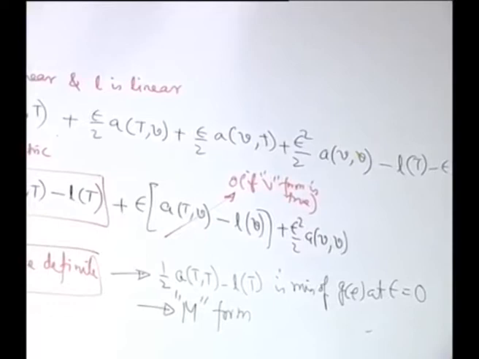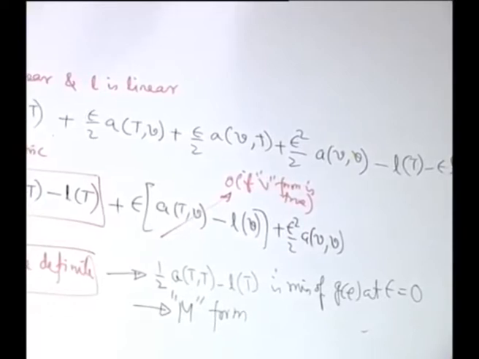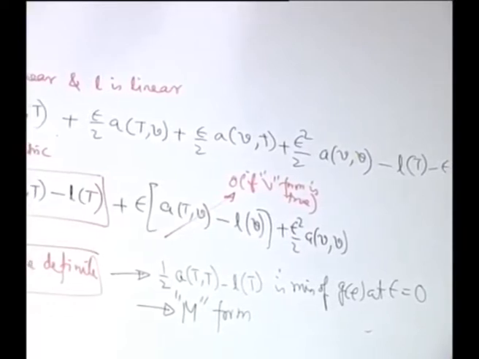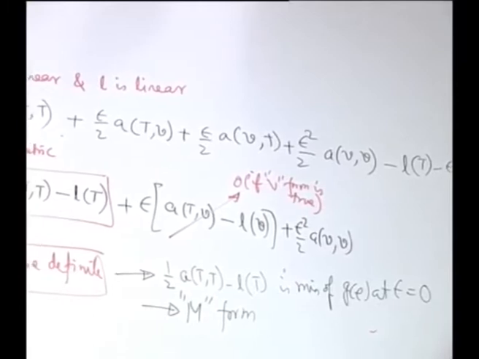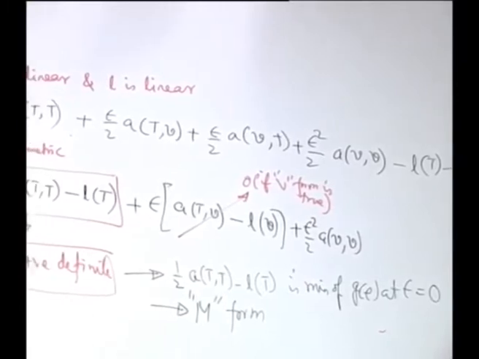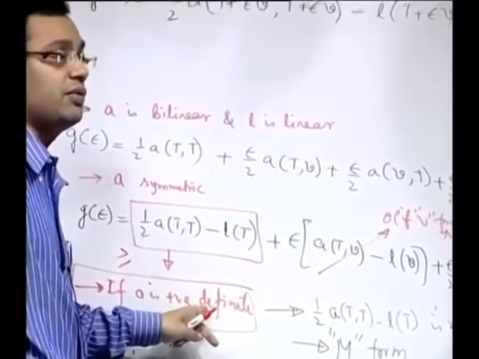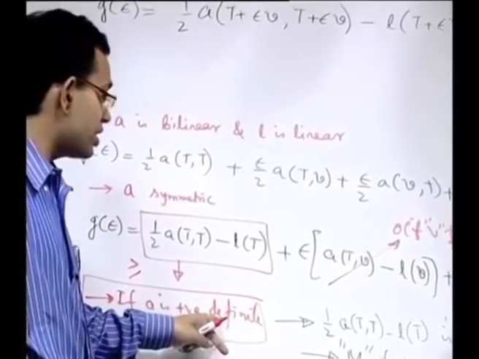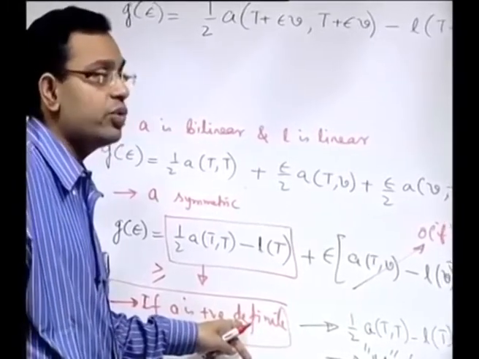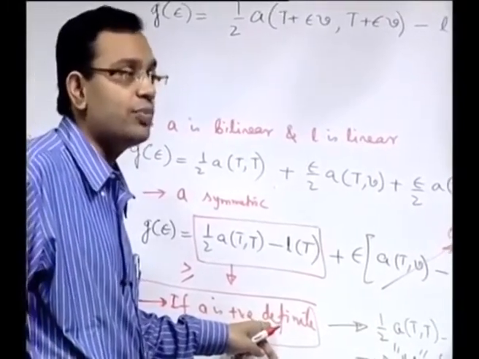So you can see that we can do it in the other way. We can start with the V form and come to the M form, but it requires an additional constraint, that it requires A to be positive definite. You could start with the M form and come to the V form without requiring A to be positive definite.